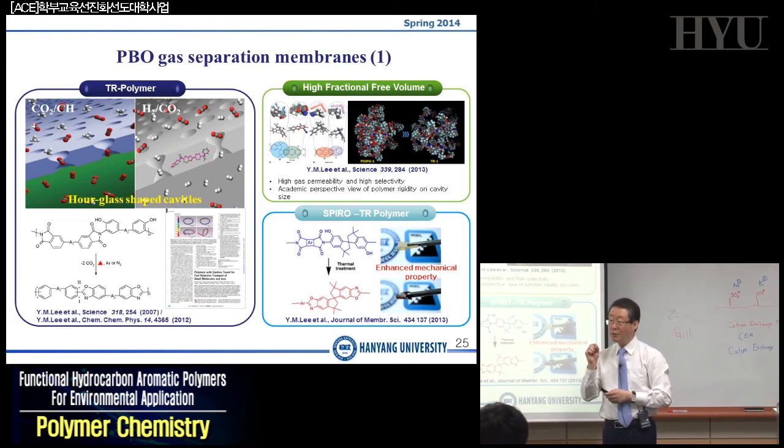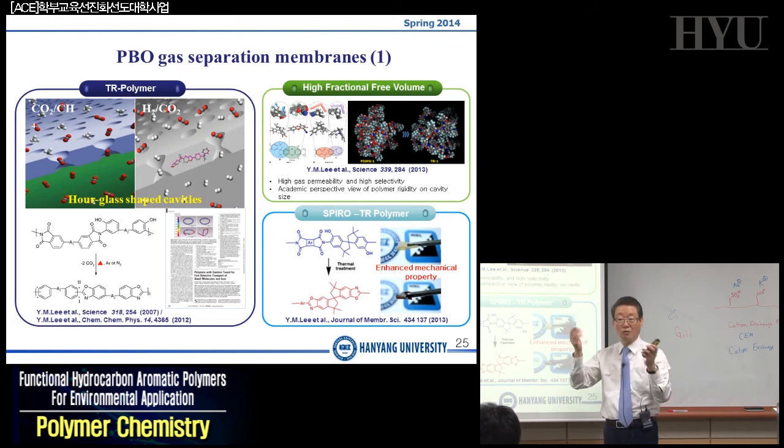If we can open those cavity sizes, pore sizes, from 2.8 Angstrom to about 3.3 to 3.5 Angstrom, just right for CO2, then I think we can pass only the CO2, but methane cannot.